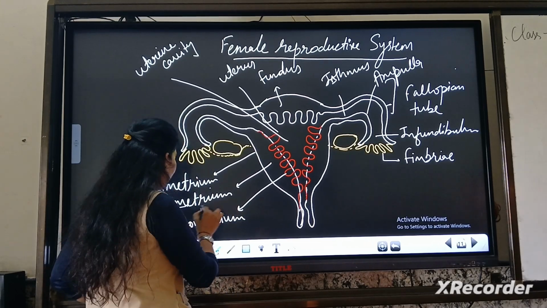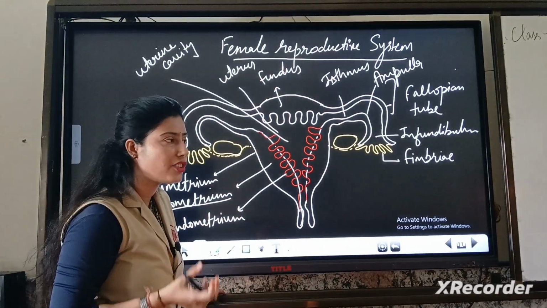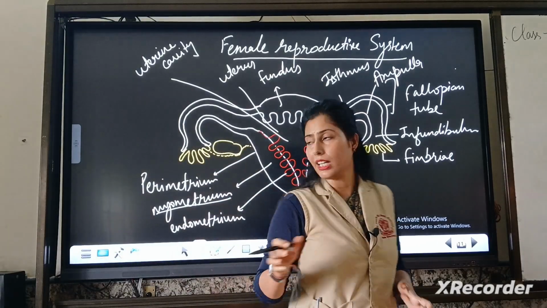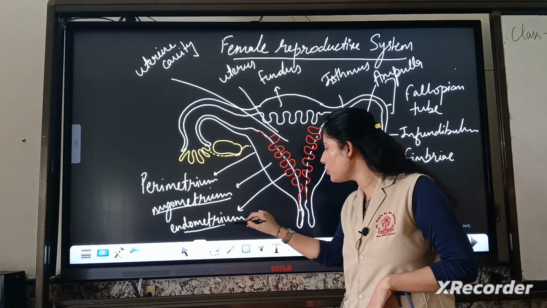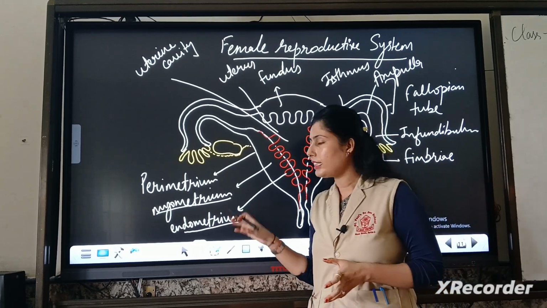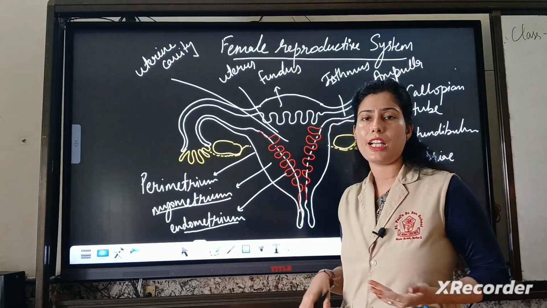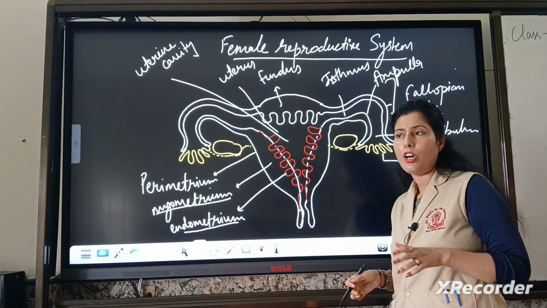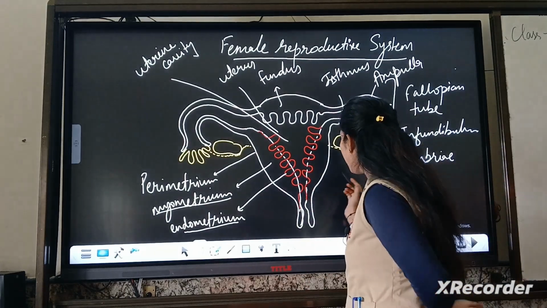This myometrium actually works as a contraction layer. At the time of childbirth, contraction occurs in the myometrium, and this endometrium is generally a glandular layer. At the time of the menstrual cycle, it sheds off and comes out through these canals in the form of blood and mucus.